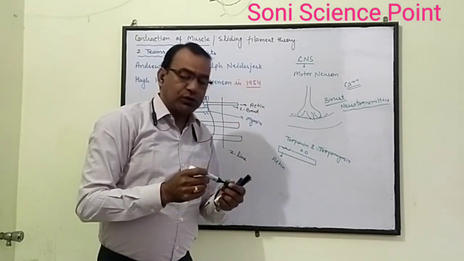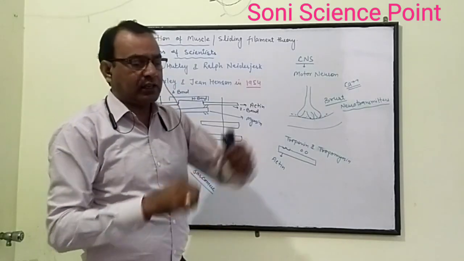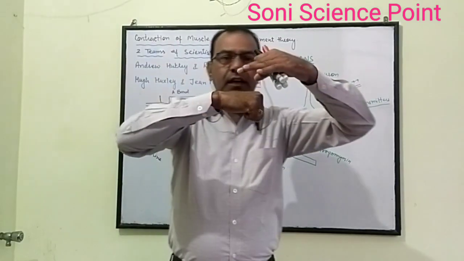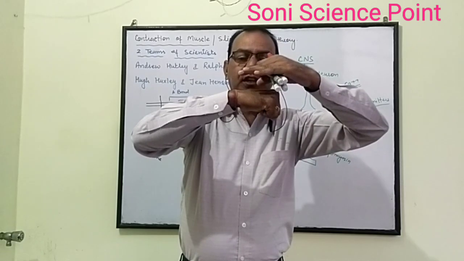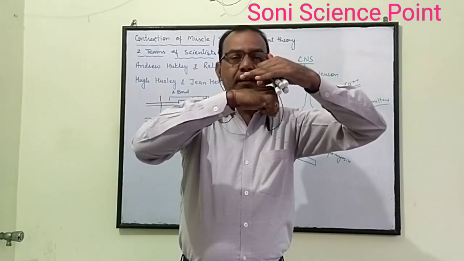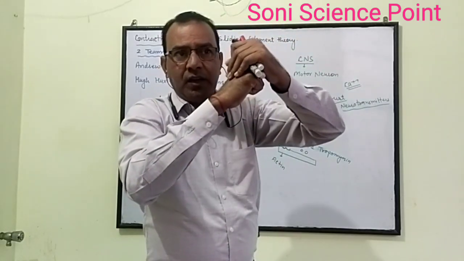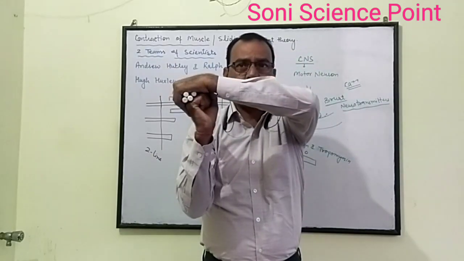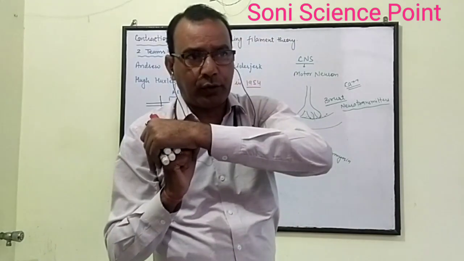Due to the excess concentration of calcium, the myosin tadpole-like structures bind with the actin. Suppose this is the myosin and above it the actin is present. As the myosin receives calcium, it makes the cross bridge with the actin and binds with it, and the myosin jerks the actin and slides it over due to the formation of ATP molecules.